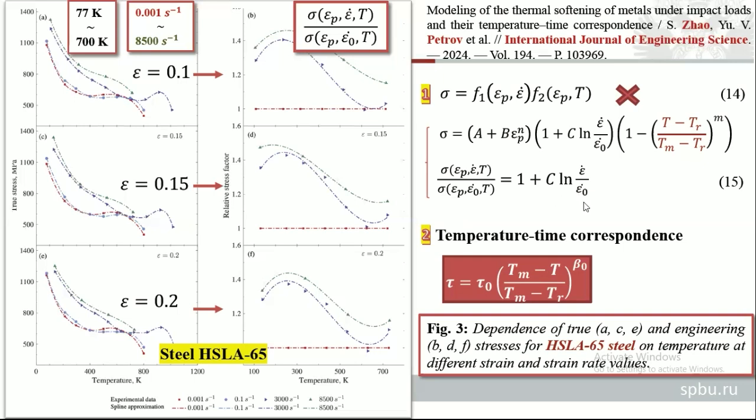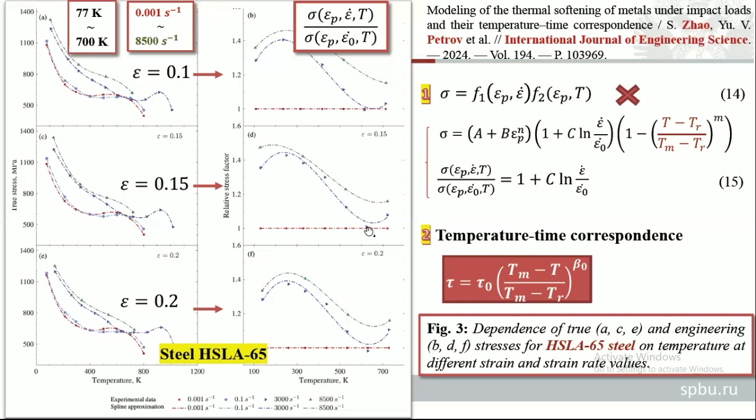It is temperature independent. However, the experiments, for instance, for this high-strength low-alloy steel 65, show a very clear temperature dependence of the relative stress factor, as shown on the right side of figure 3. So this already indicates a limited performance of this general multiplicative form when we use it in a case where we have to work with a wide range of both temperatures and strain rates.